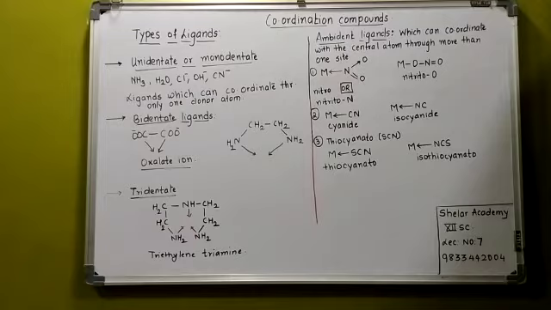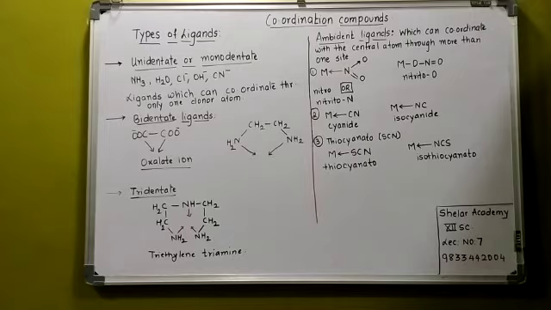How many donor atoms are there? Only one. For example, neutral examples are ammonia, water. Chloride can be an ion. So these are the examples of unidentate, the same is called a monodentate ligand.